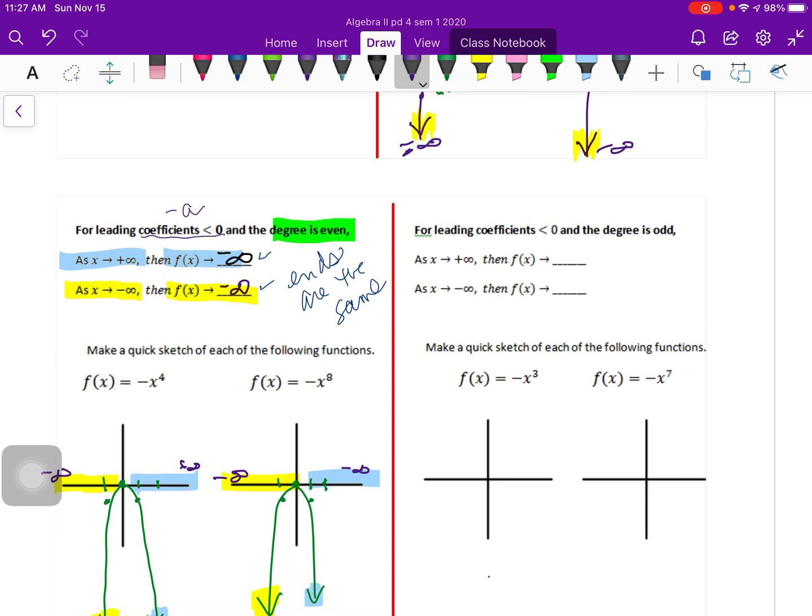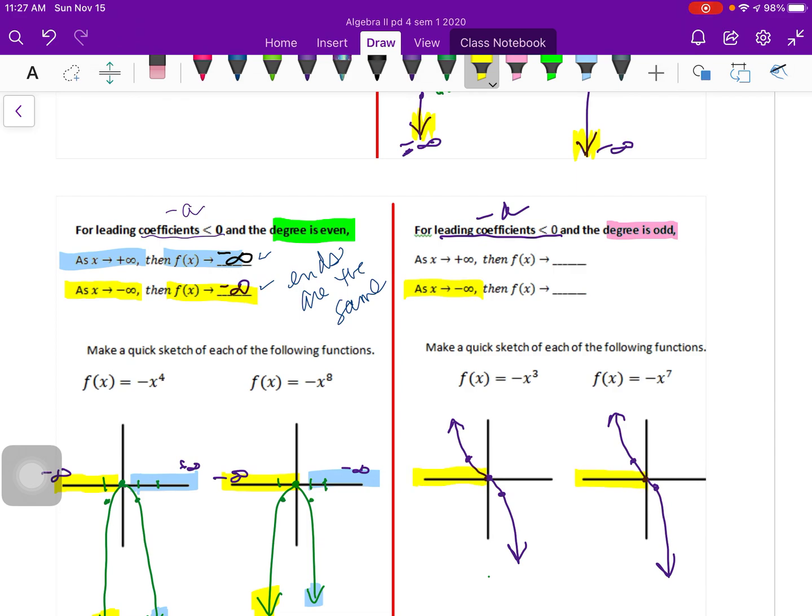So let's do that. This is a negative a. We still have the odd degree. So I'm going to have a graph like this. Same with this side. It would be like this. So again, we will start as the graph goes left.